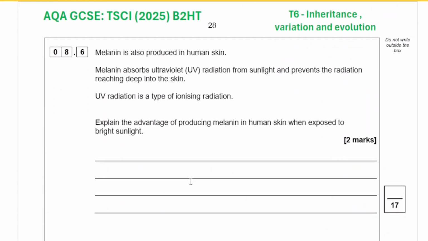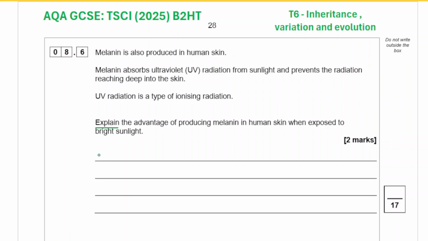Melanin is also produced in human skin. Melanin absorbs ultraviolet or UV radiation from sunlight and prevents the radiation reaching deep into the skin. UV radiation is a type of ionizing radiation. Explain the advantage of producing melanin in human skin when exposed to bright sunlight.